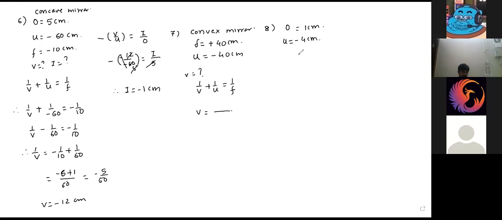I दिया हुआ है 1.5 centimeter. v दिया है plus 6 centimeter because behind the mirror. Find the focal length f. So 1 by v plus 1 by u is 1 by f. ठीक है तो इससे तुम्हें f मिलेगा.